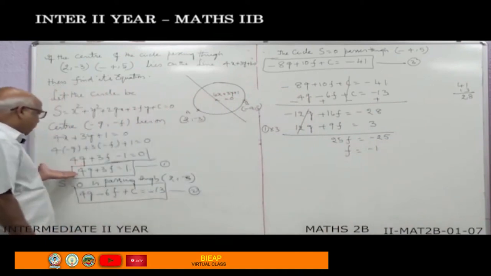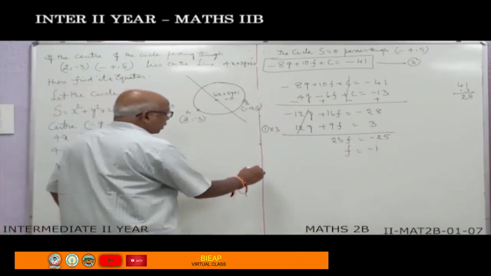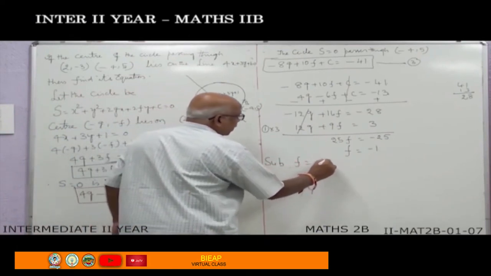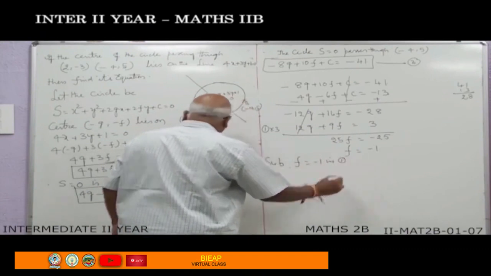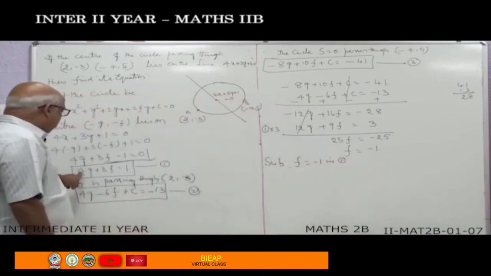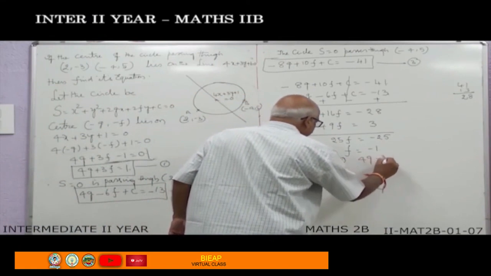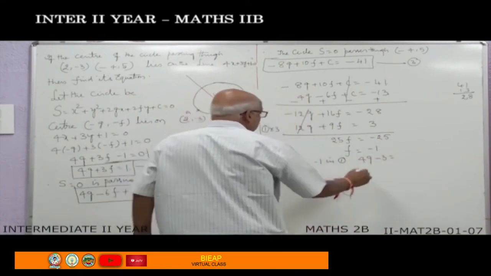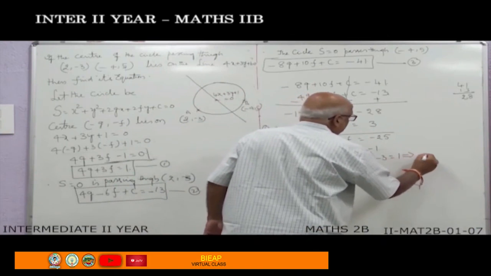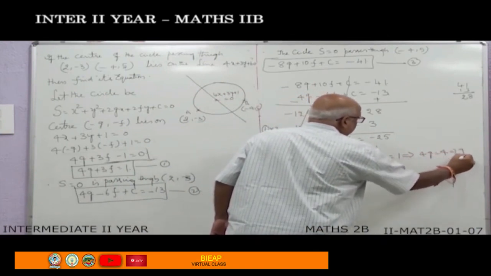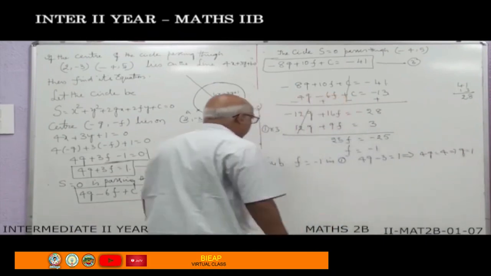Substitute F value in equation 1. Substituting F equal to minus 1 in equation 1, what will you get? 4G minus 3 equal to 1 implies 4G equal to 4 implies G equal to 1.